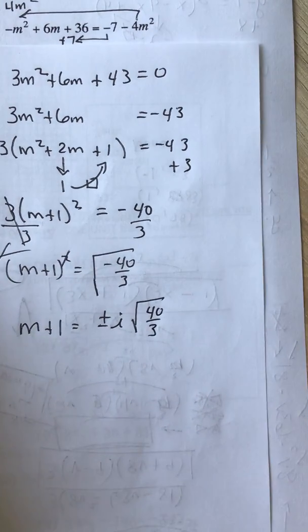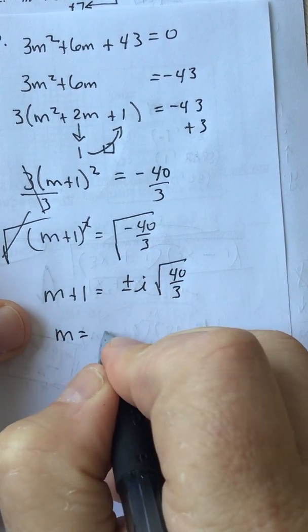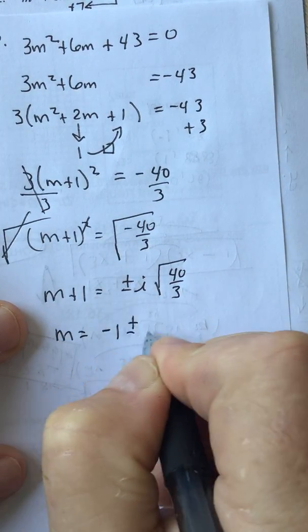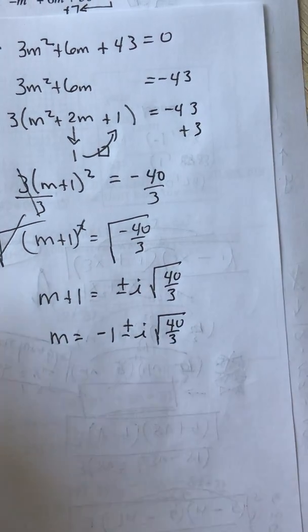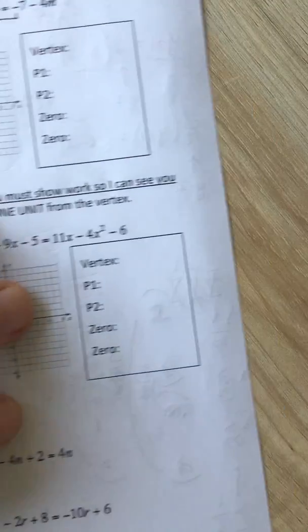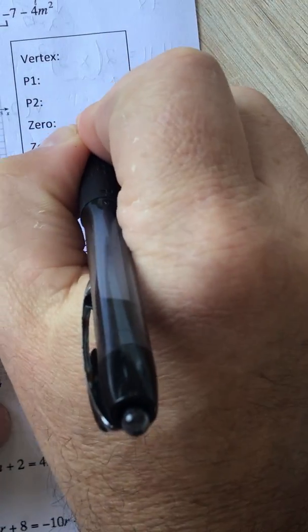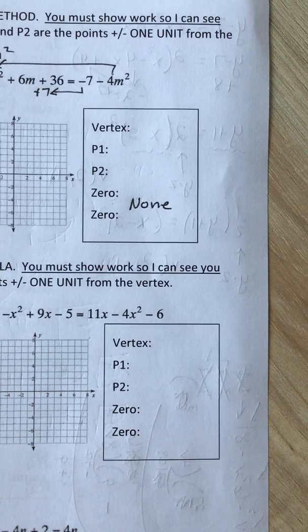So there's going to be no zeros. If we move the 1 to the other side, it's really negative 1 plus or minus the imaginary root of 40 thirds. So we have no zeros. They're imaginary. All we've got to do is find the vertex, and it's not going to have a zero.